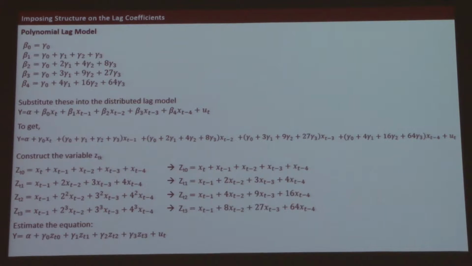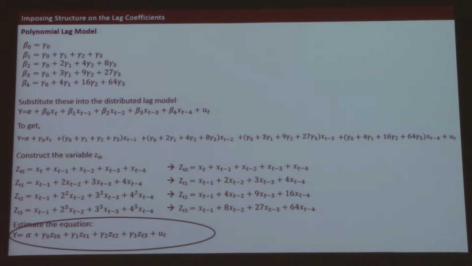Actually, we haven't used Stata at all. We haven't estimated anything. So this is the regression we're going to run. And remember this is a cubic, so this will give us our cubic polynomial.